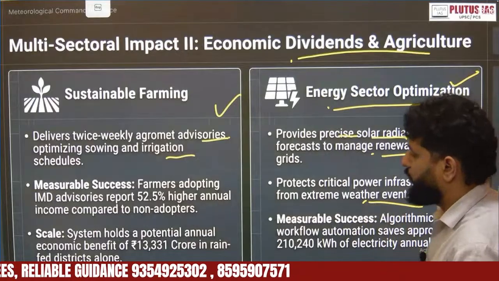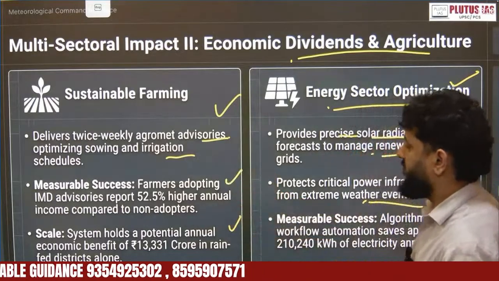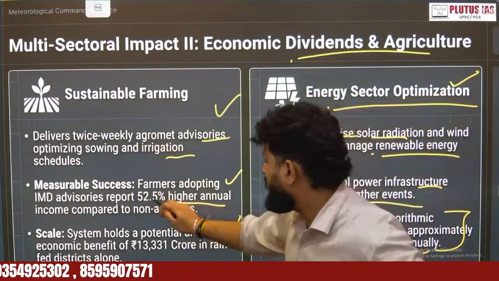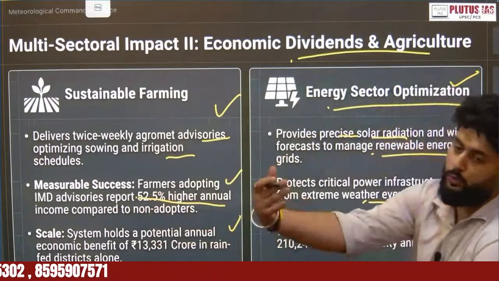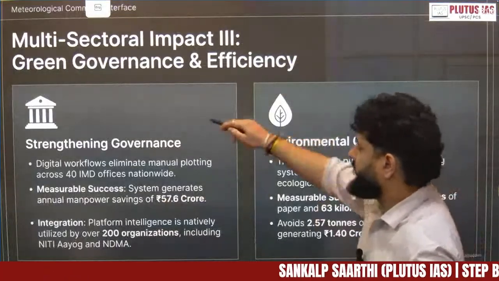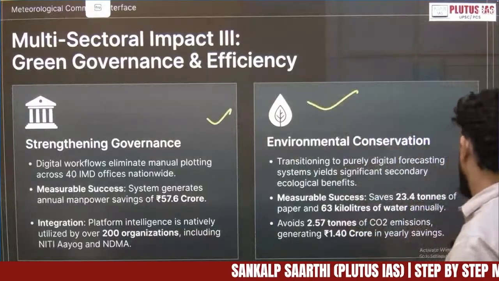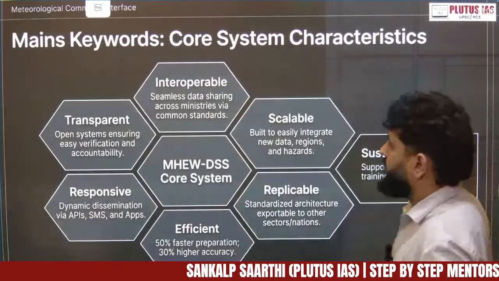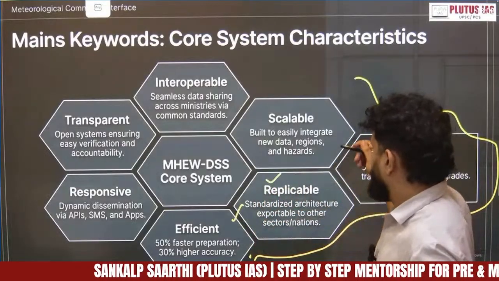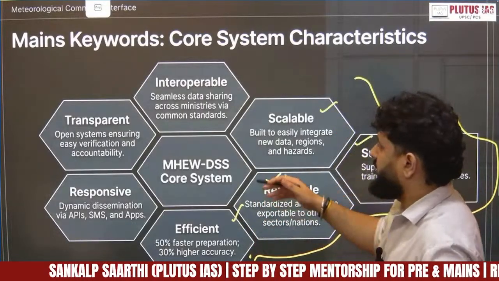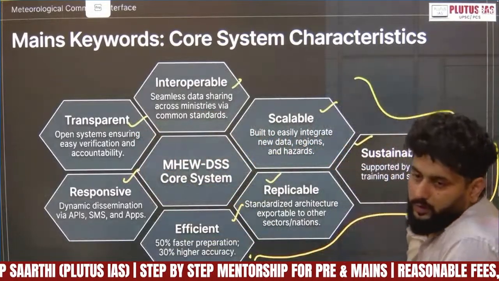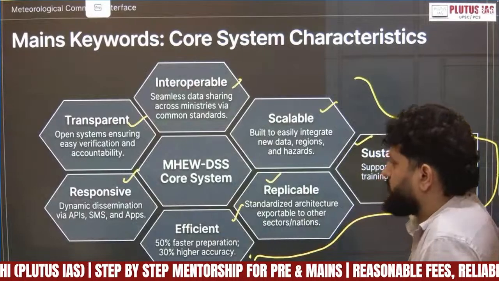Measurable success: farmers adopting IMD advisories report 52.5% higher annual income compared to non-adopters, right? Strengthening governance, environmental conservation. So these are the major sustainable prescriptions: efficient, replicable, scalable, sustainable, interpretable, transparent, responsive. We have already written these down, right?